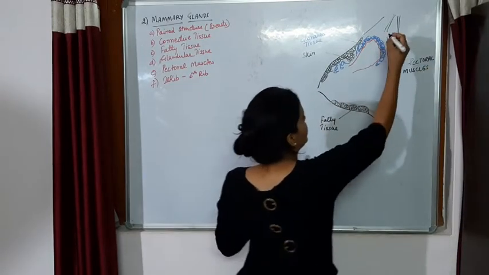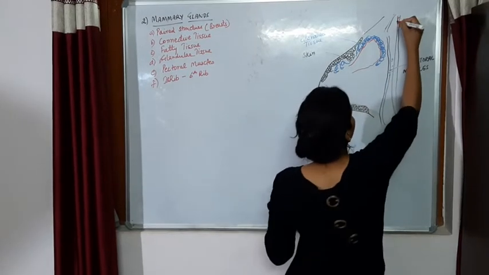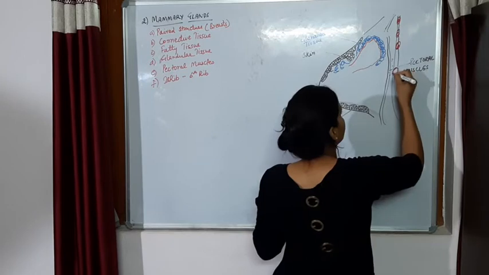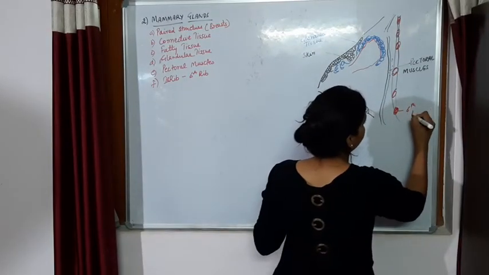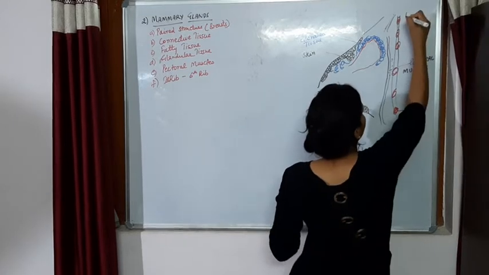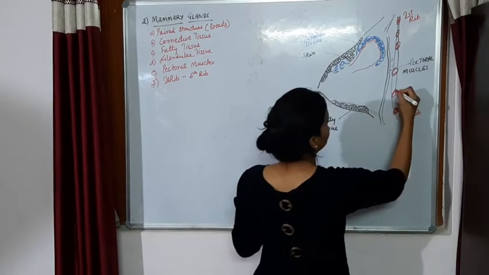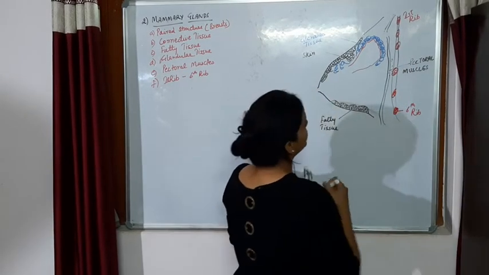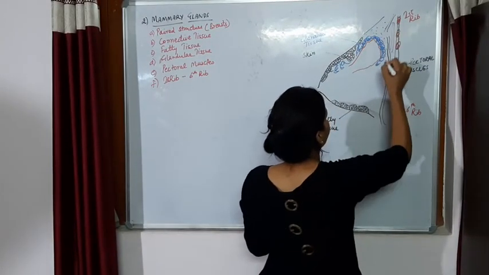And here is the first rib and the sixth rib, right? The first rib and the sixth rib. And here all the muscles, all the connective tissue, fat tissue is present.